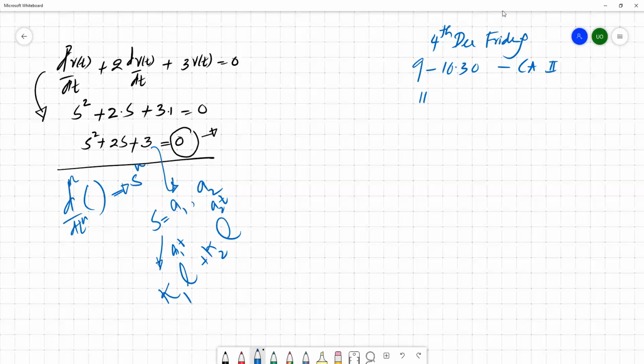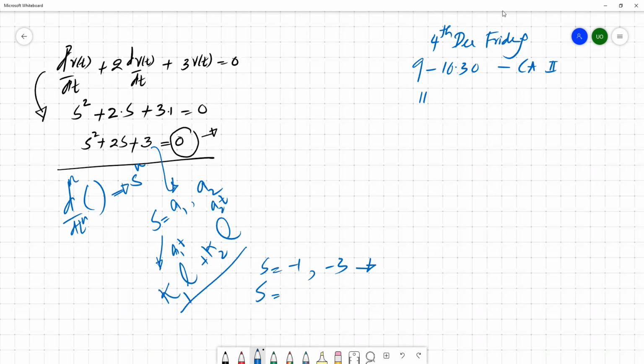So a1 and a2 are real and they are 2 different values, like s is -1 and -3. So these are real distinct roots. So then the ideal solution is this.